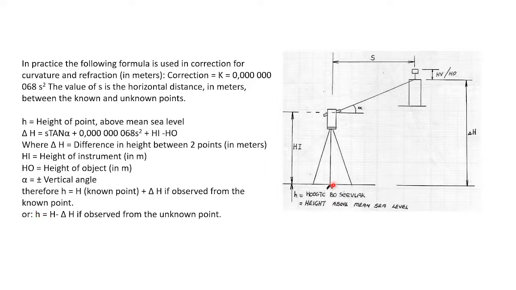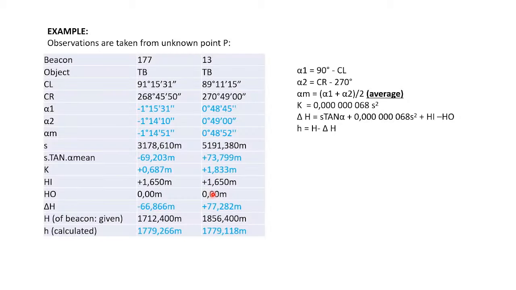So we minus it because where we are standing is an unknown point. Alright, so we take that value, minus this value, gives us 1779. Same with this one, minus this value gives us that value. Do you see how they are very similar to each other? If you got two totally different values, it's very likely that you did something wrong. So please just double check that.